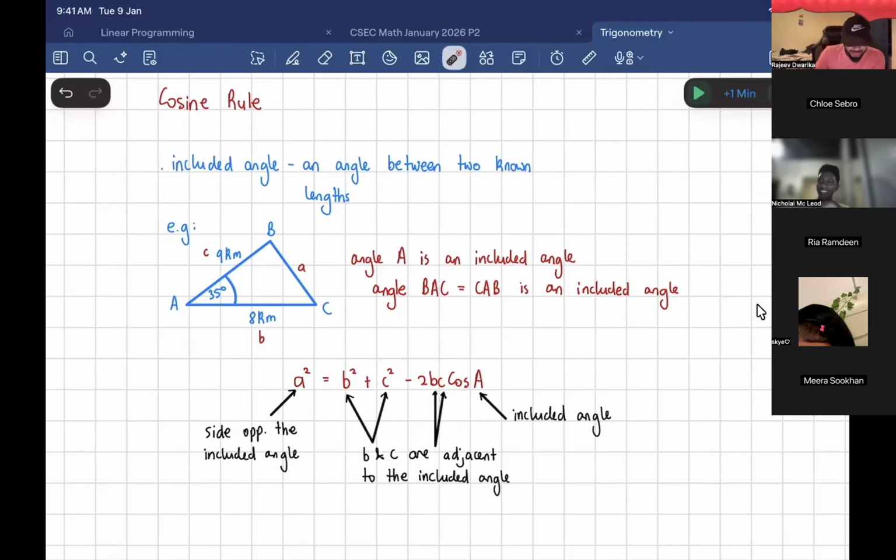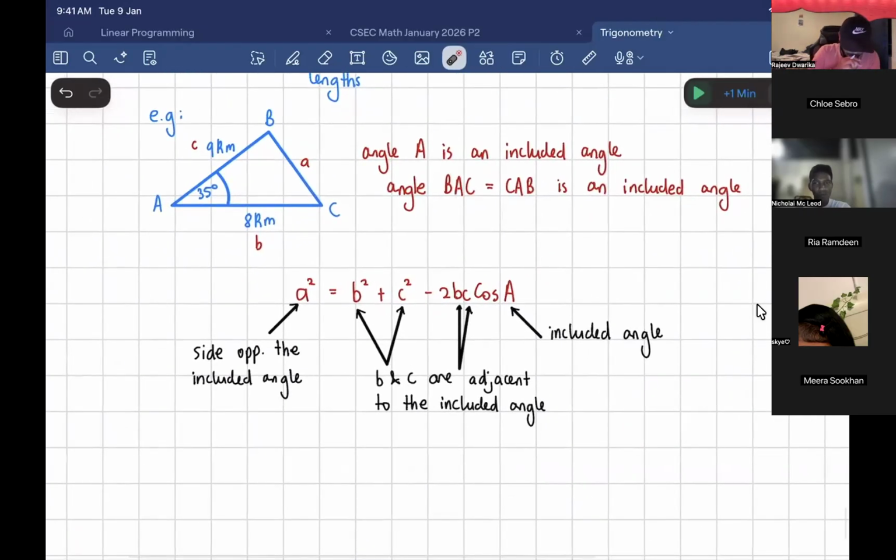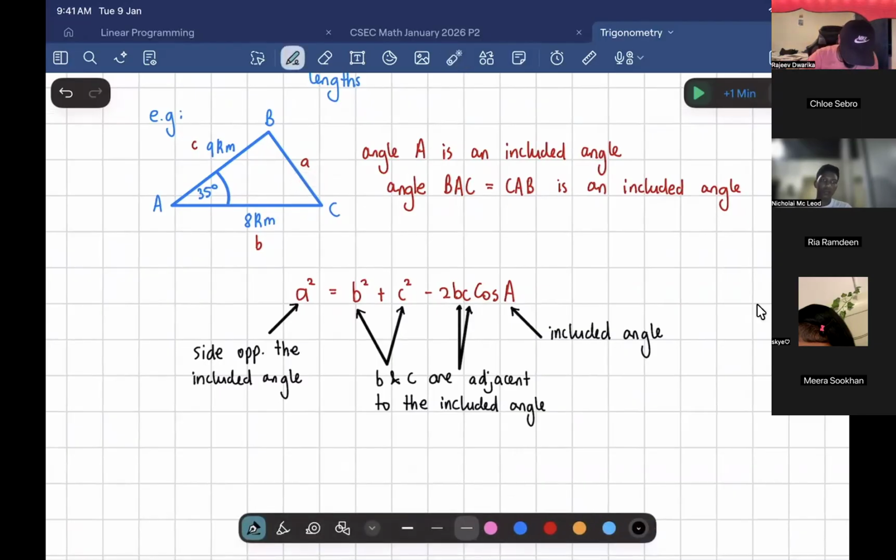Okay, great. So let's apply what we were given in the diagram to the formula. Somebody tell me, what is length A? What is small a? Do we know what small a is? No, sir. So I'll leave it blank, right? If you don't know something in maths, you leave it blank. So that'll be a squared. Cool.